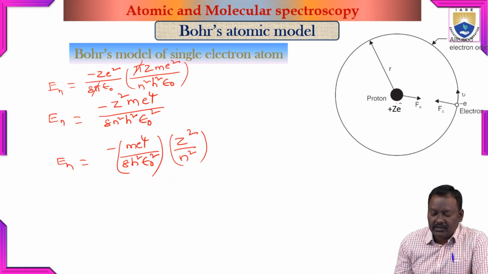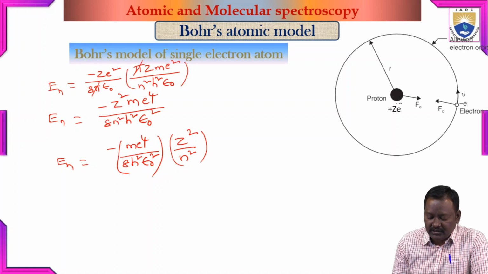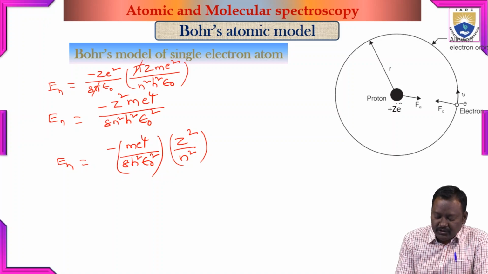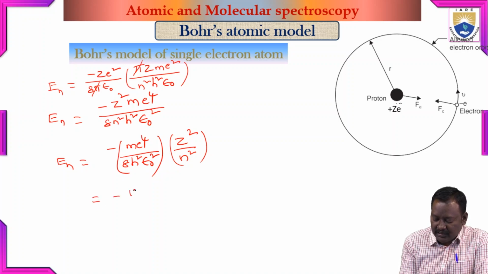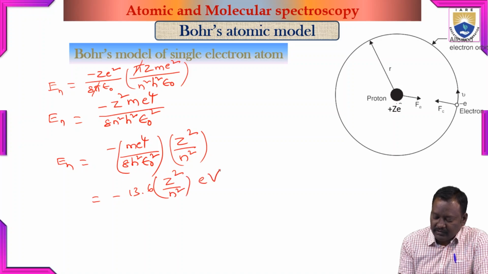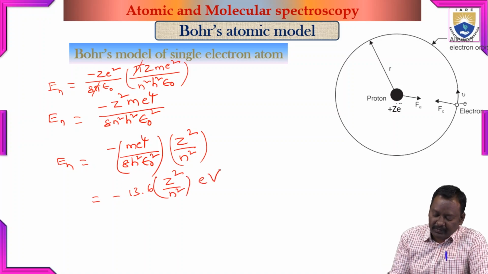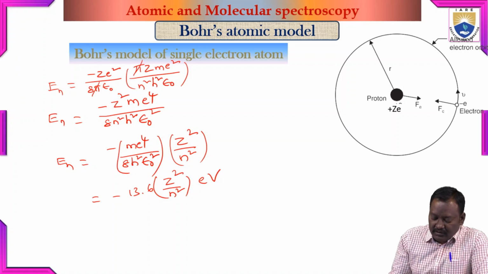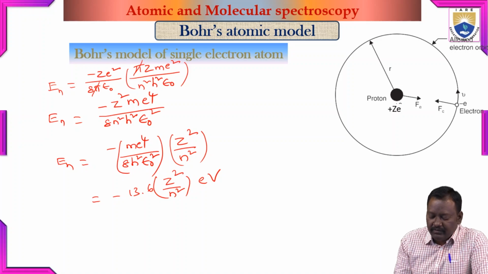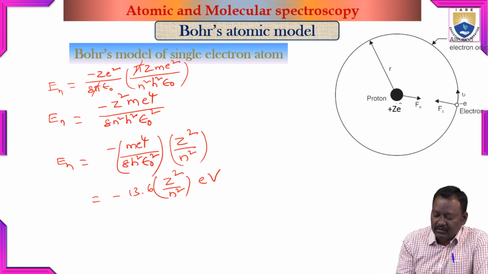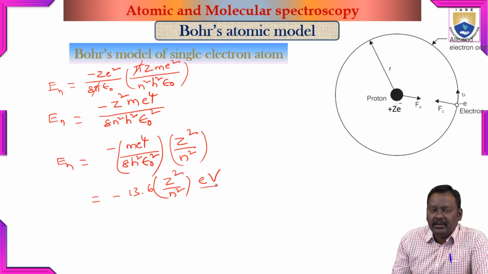Here the changing values are only n and Z. So after substituting all these values, we are going to get minus 13.6 into Z square by n square electron volts. If you keep the constant values as they are, we may need to divide by 1.6 into 10 power minus 19 in order to get the value in electron volts.